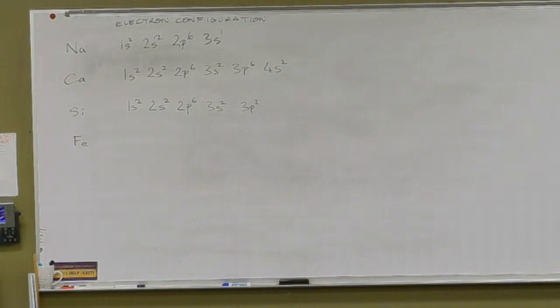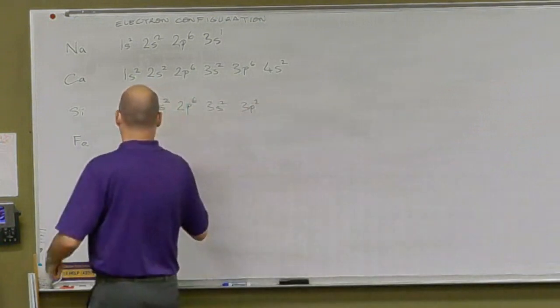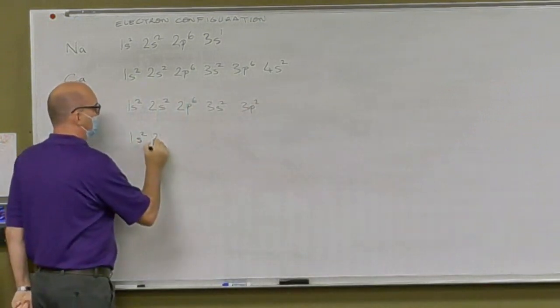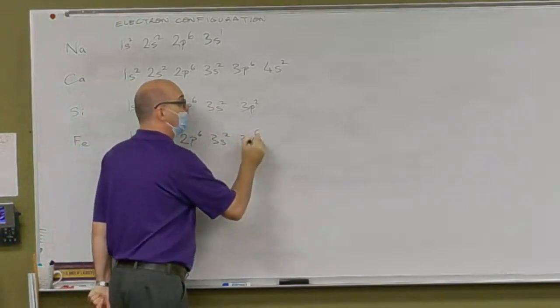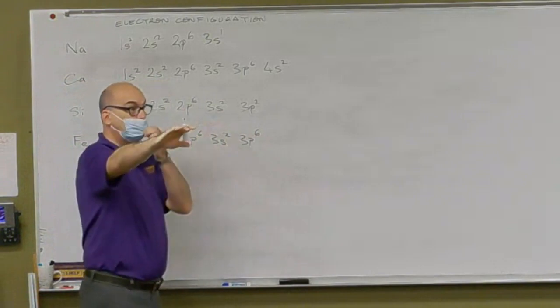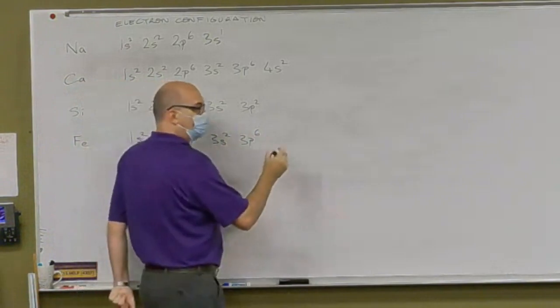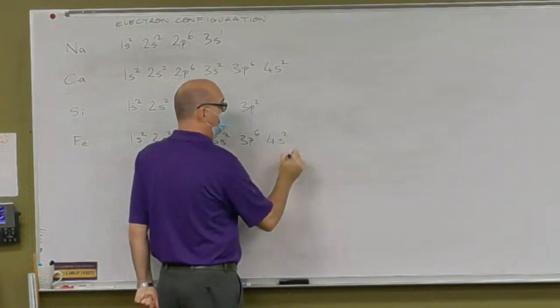This one's more difficult just because there's more numbers. And because the d orbitals were predicted by quantum numbers to appear in the third period, but they don't show up because the 4s jumps ahead of them, okay? So iron is 1s2, 2s2, 2p6, 3s2, 3p6. That's all the way out to argon. And then I get potassium and calcium, 4s2.